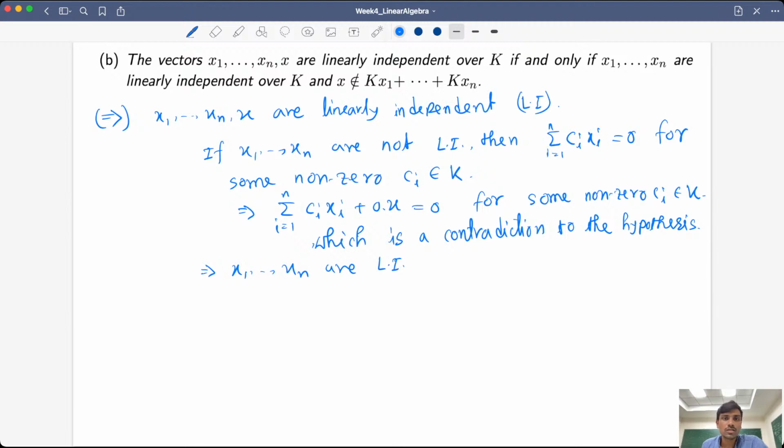But you also need to show that this x does not belong to the linear span of x1, ..., xn.